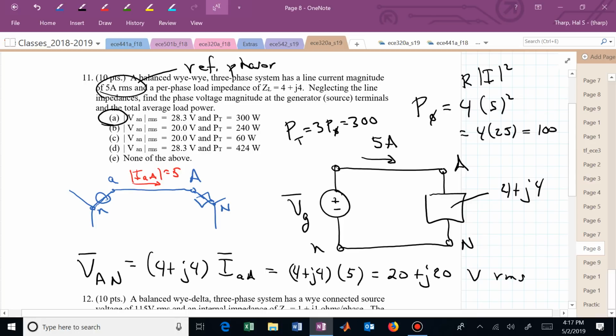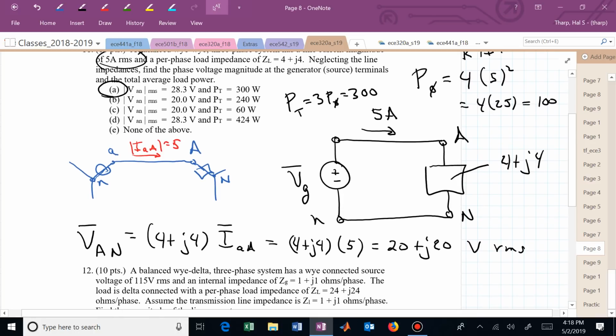You should be able to manipulate between line, which really means line-to-line voltage, and phase voltage. In the YY configuration, the line current is the phase current. But if it was delta, then you would have phase currents that would be different than your line current.